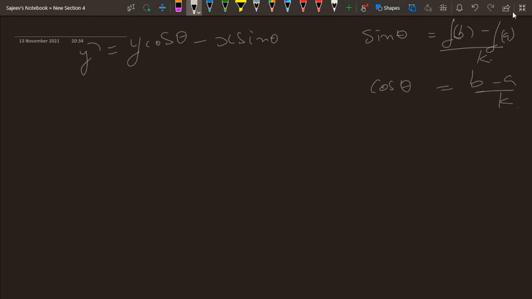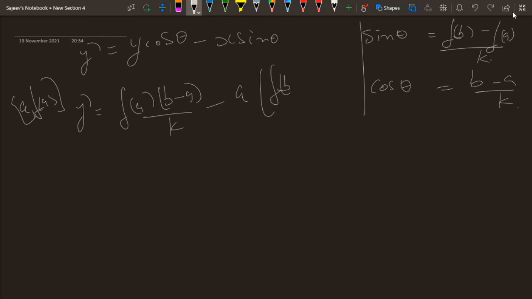Now we will use the rotation formula at the point a comma f of a. What is y dash? Y dash is equal to y, which is f of a, into cos theta, which is b minus a by k, minus x sin theta, x is a, into sin theta, which is f(b) minus f(a) by k.